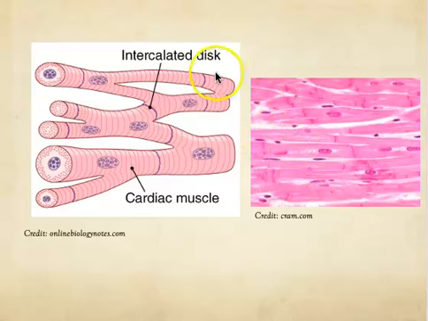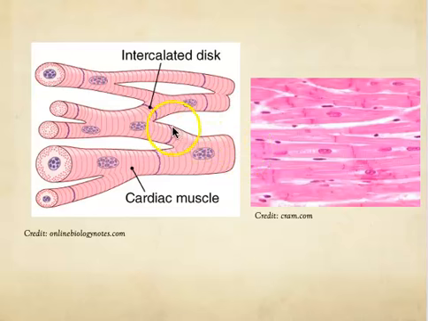Over into the diagram, you can see individual cells that are all joined together. So there's a part of a cell here connecting to this cell. Here's the nucleus of the cell. This cell is branched here and here. It's meeting another cell here. Here's another nucleus. Here's another cell and another cell and another cell.